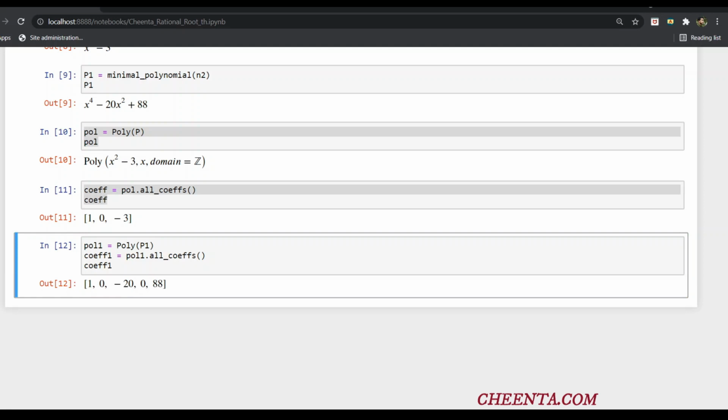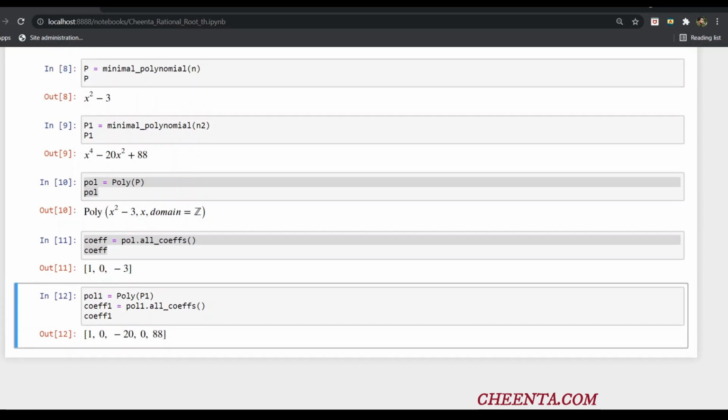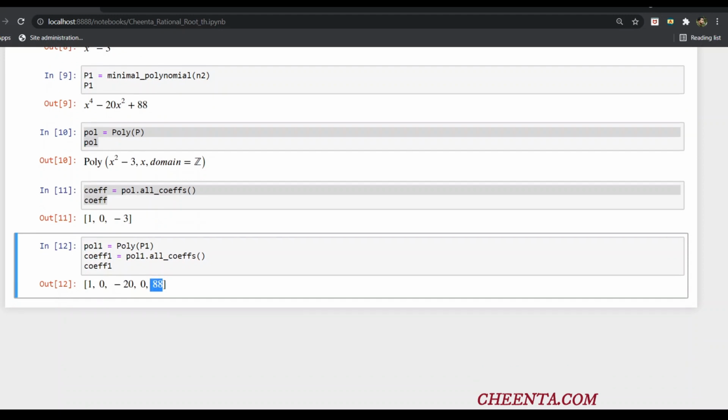You see, it is returning me 1. The first one is the coefficient of x to the power 4, the second one is x to the power cube, as x to the power cube is missing, so it is 0, then the coefficient of x square, so it is minus 20, then again the coefficient of x, which is 0, and then 88. So I hope it is clear.